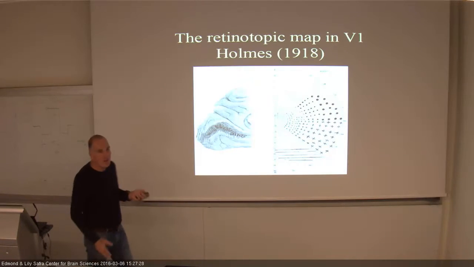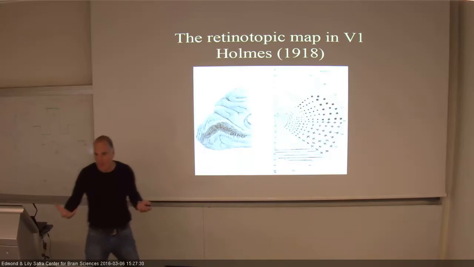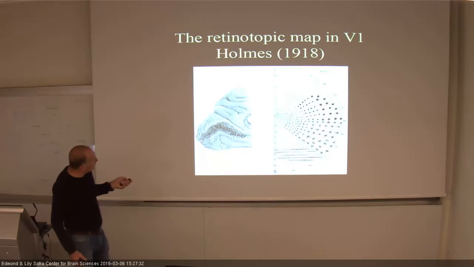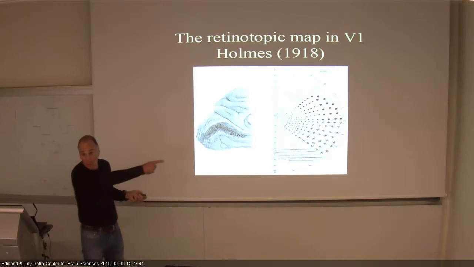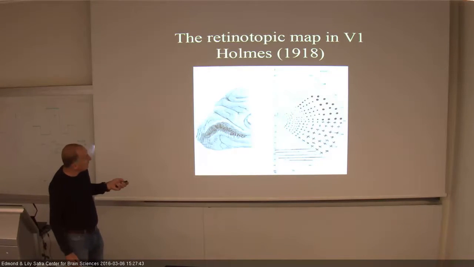From that, he found that there's an orderly mapping: as you move from the most posterior part of the cortex, the calcarine sulcus, further anterior, forward, notice the black dots here, they represent the periphery.